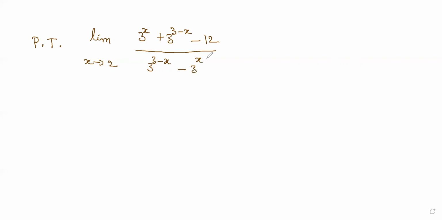Prove that limit x tends to 2, 3 power x plus 3 to the power of 3 minus x minus 12, whole divided by 3 to the power of 3 minus x minus 3 to the power of x by 2, is equal to minus 4 by 3, negative 4 by 3. This is what we have to prove.